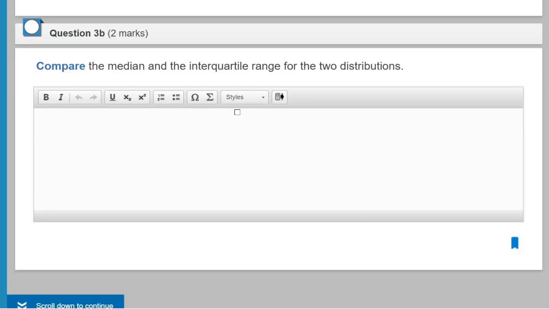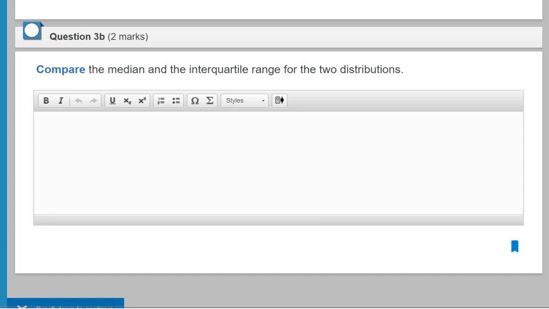So we can say that the medians are of the same exact value.